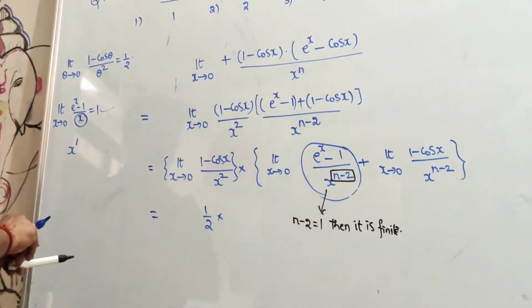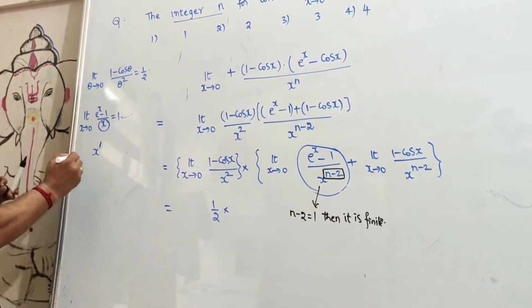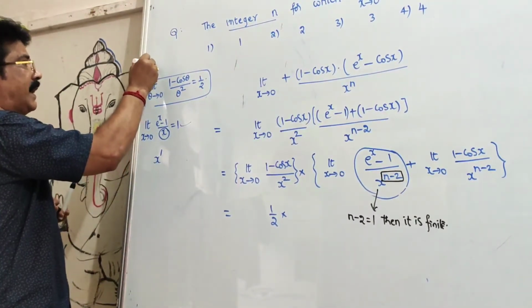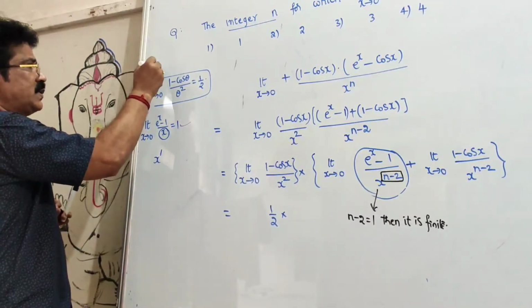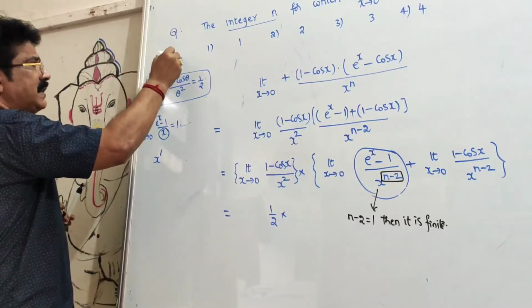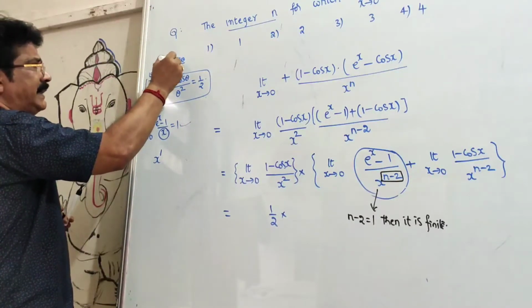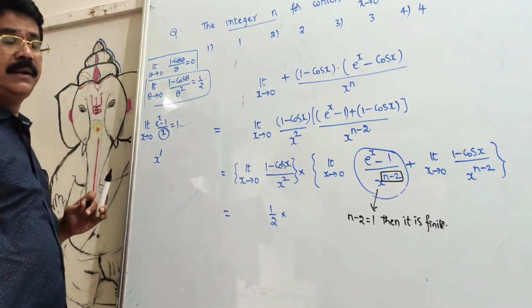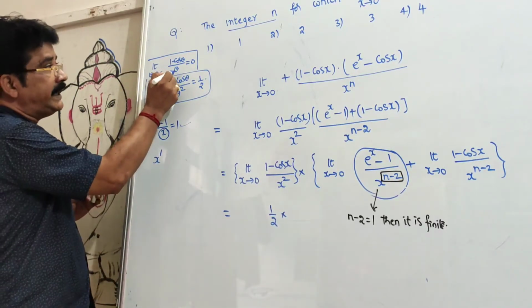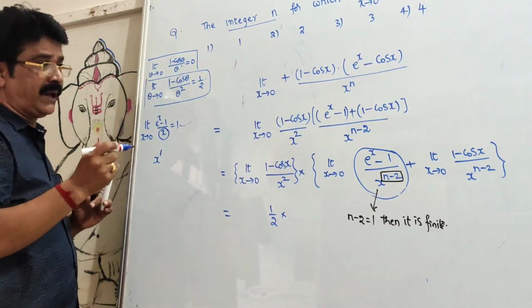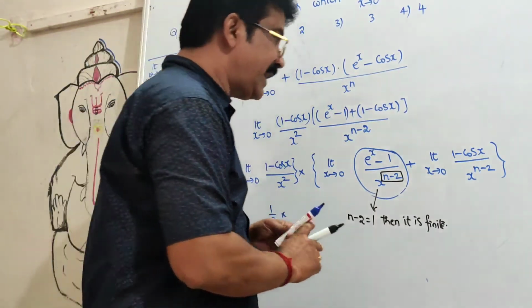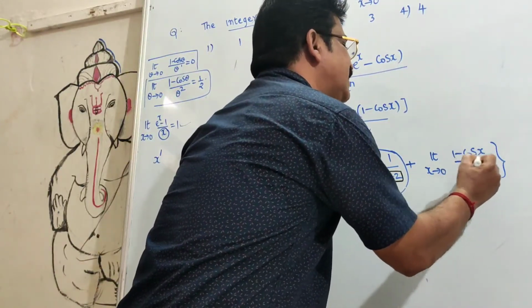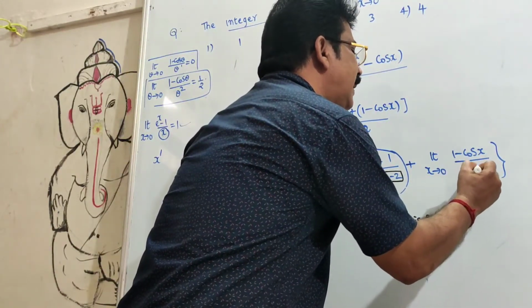Similarly, here already I said one formula, and another formula: limit theta tends to 0, (1 minus cos theta) divided by theta, it is 0. So theta means theta power 1. So similarly this means (1 minus cos x) by x. X means 1.